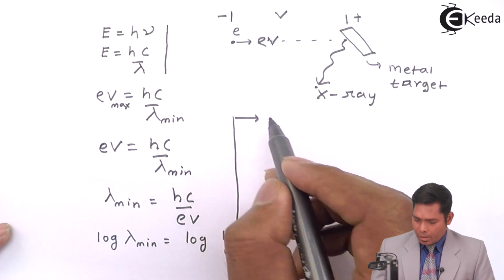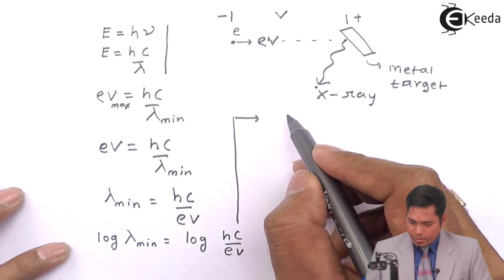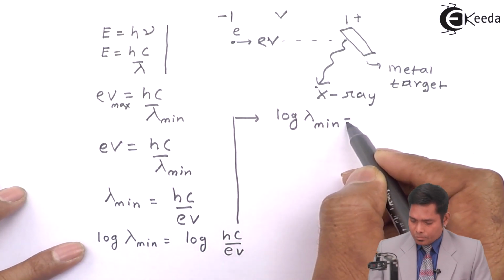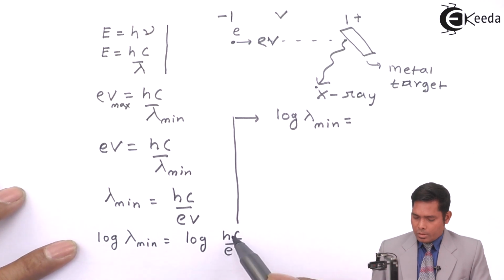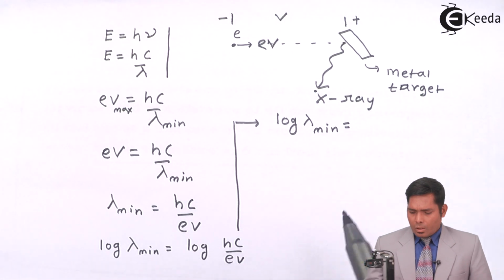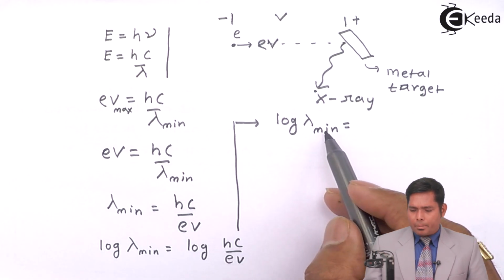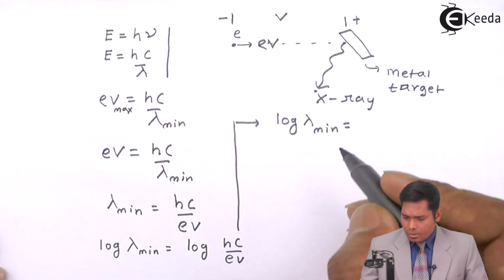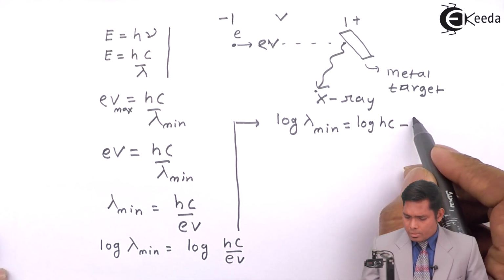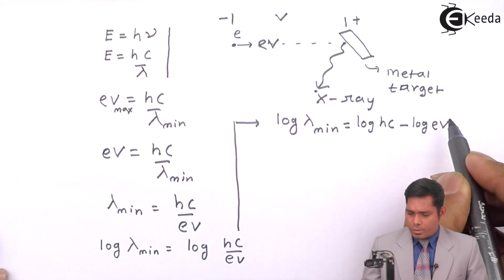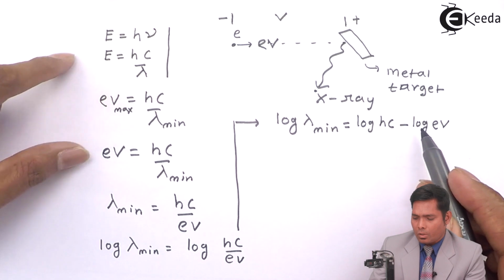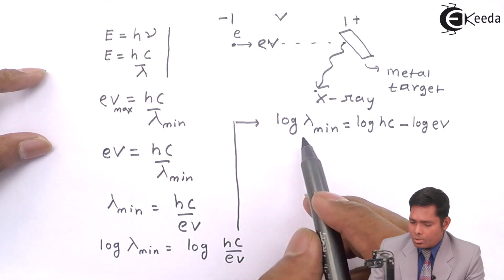Using log of a by b is log a minus log b, log of lambda minimum is log of hc minus log of eV. You can take log m by n as log m minus log n. This is the concept used.